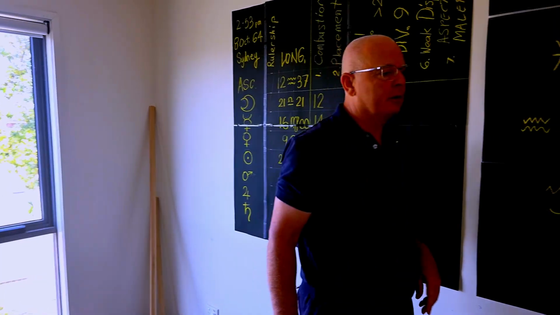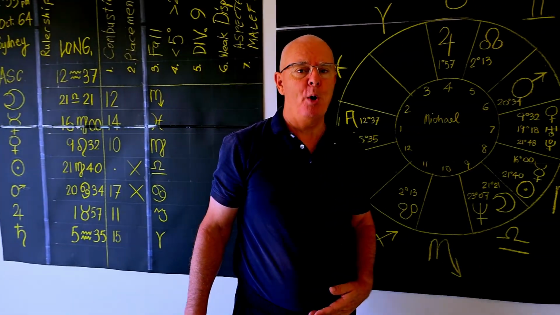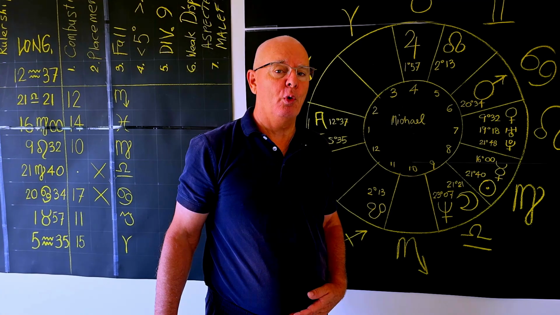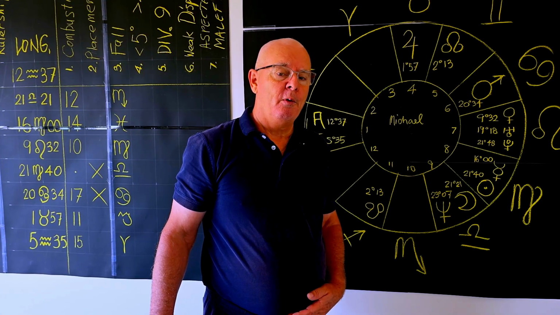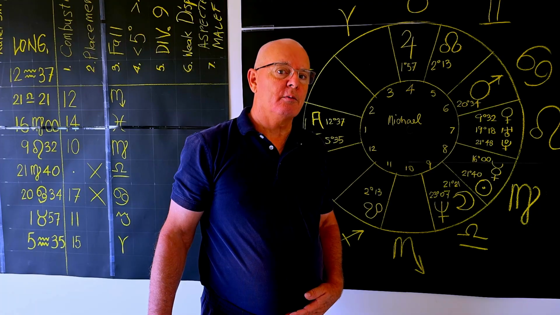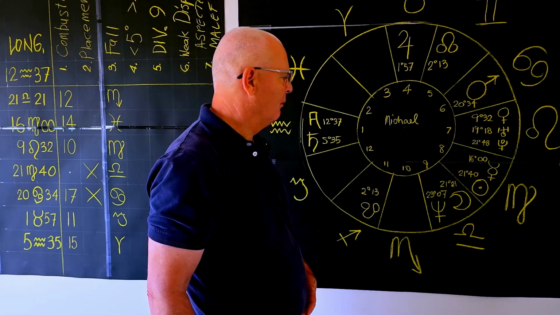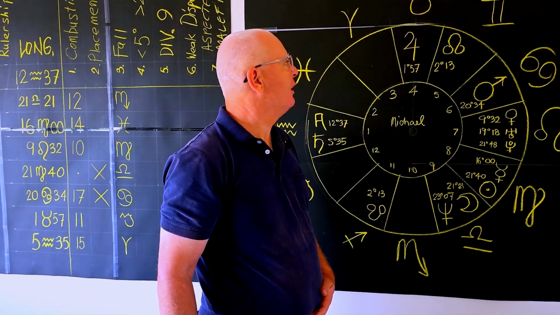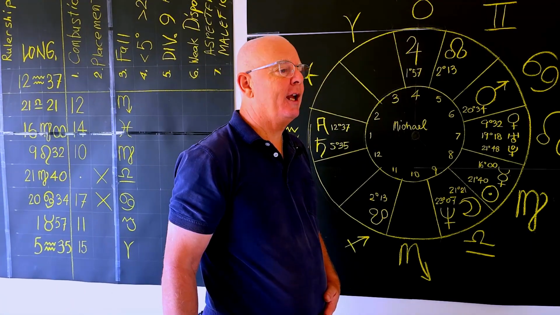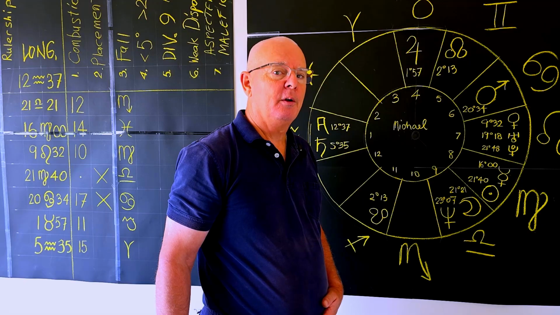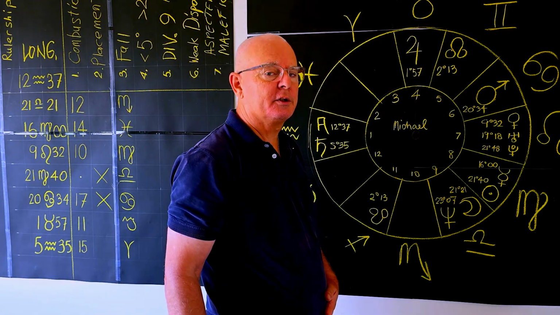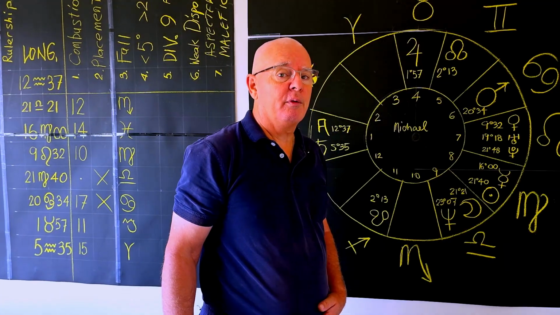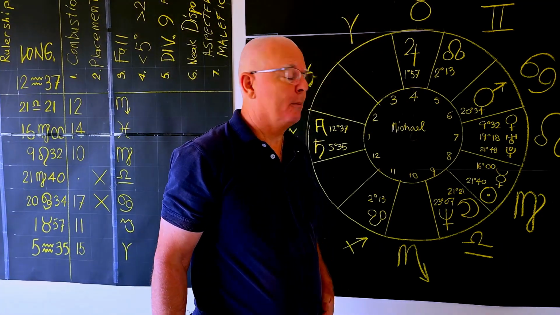And if you look, and I'm just going to spend a moment here, any of these planets in the sign of their fall, one of them is in the sign of its fall. This actually comes up again later when we do weakness number 5.